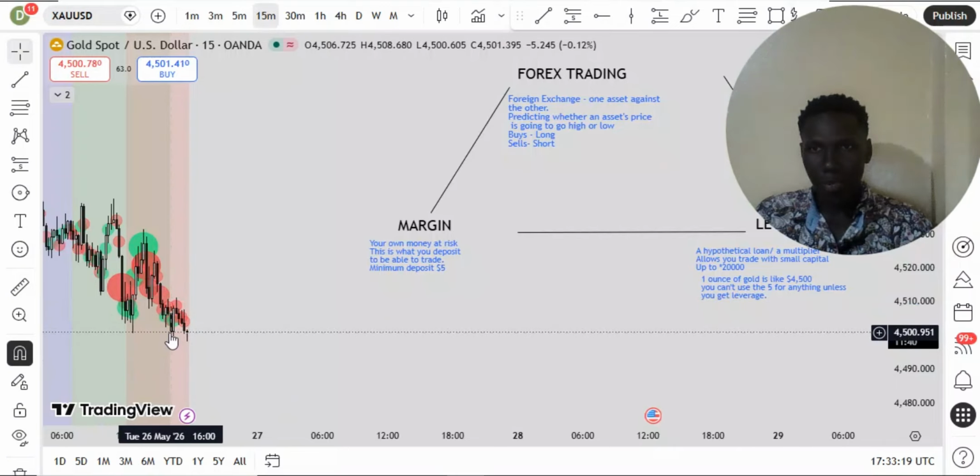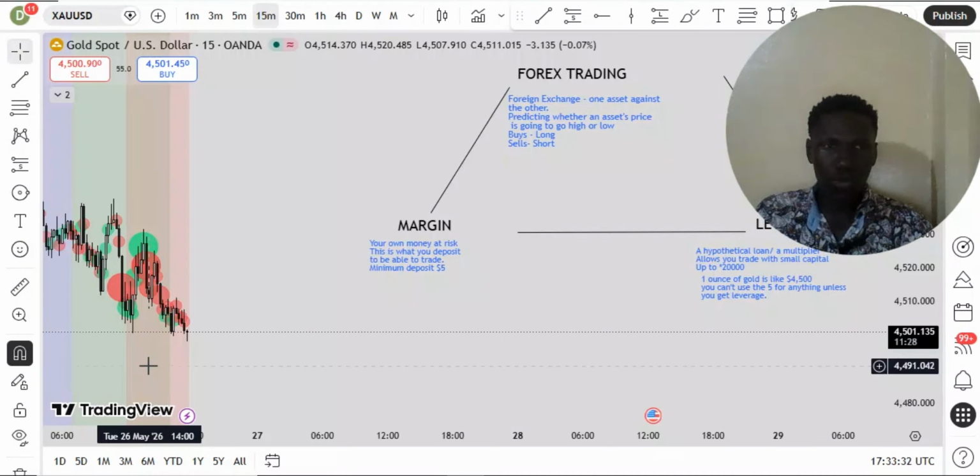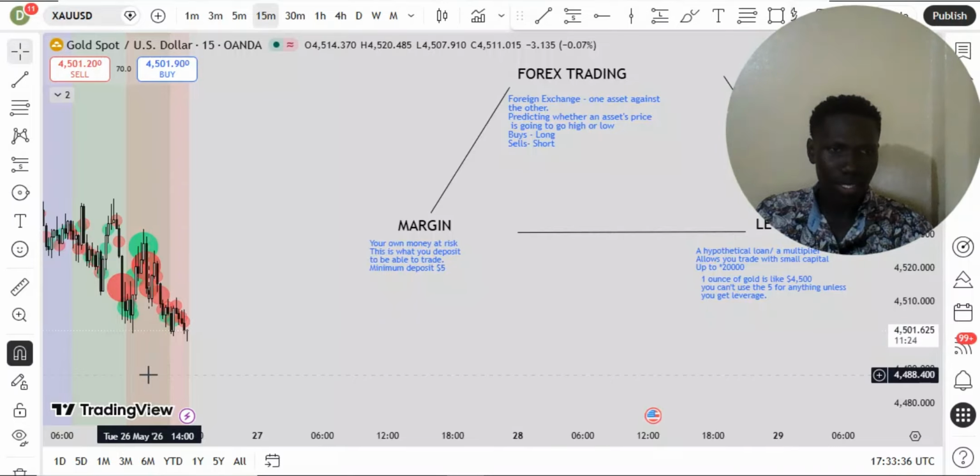If I predict that gold is going to drop lower, and let's say now gold is at 4,501, right? So if I predict that gold is going to drop to 4,488, and then gold drops to 4,488, I'm going to make money.